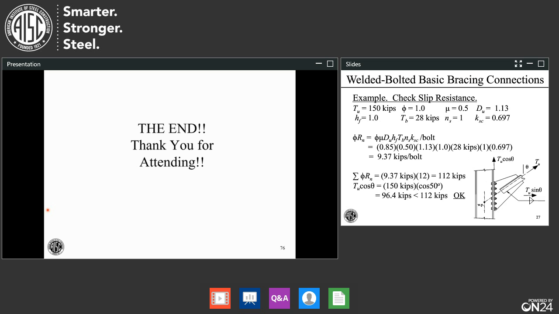And this question asker is asking about a connection like this on slide 27, where you have bolts rather than welds. So the question is, would you apply the Whitmore section to the bolted connection in tension? Would you, in certain situations, only consider bolts that fall within that Whitmore spread?